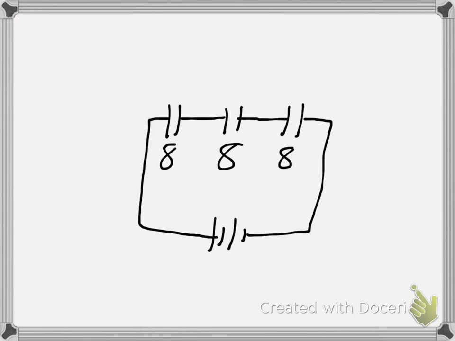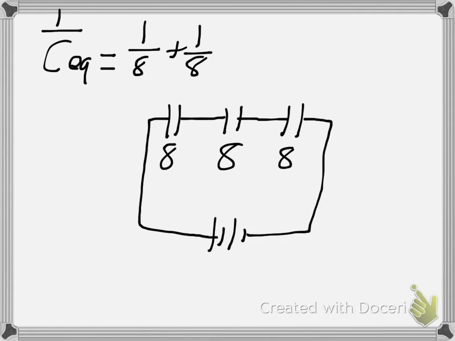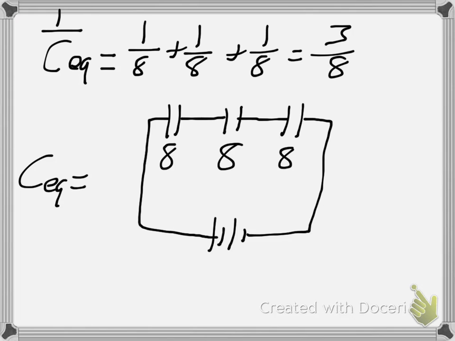And so our equivalent capacitance, let's start with the 1 over C. It's going to be 1 over 8 plus 1 over 8 plus 1 over 8, and that equals 3/8. And so the equivalent capacitance is going to be 8/3 of a microfarad.